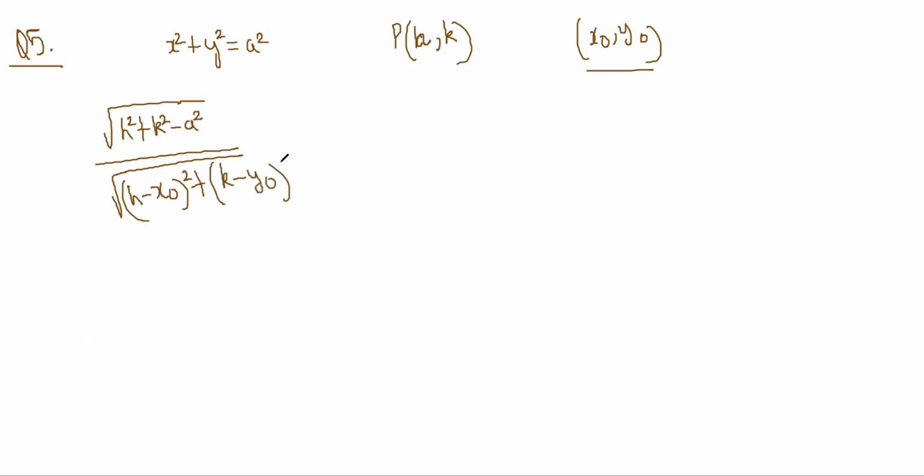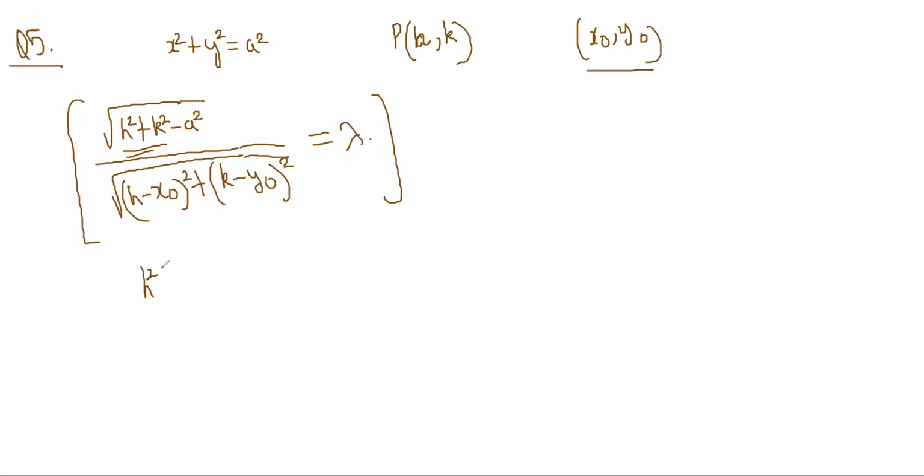And then just solve this now. Take the denominator to the other side and square both sides. This will be a circle because there will be no xy term, and it'll have lambda and gamma in it. The coefficient of h square and k square will be the same, and there will be no xy term.